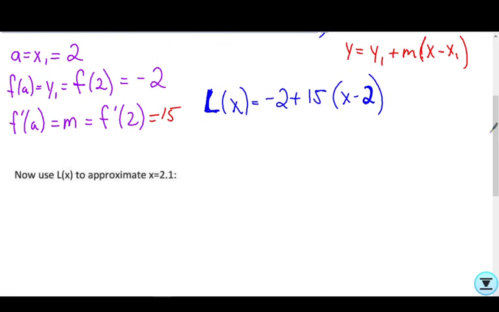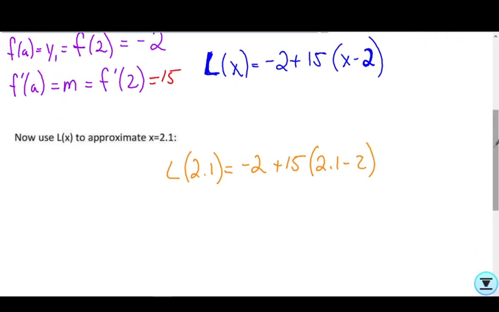So we're going to now use L of x to approximate f at 2.1. We find L at 2.1 using our linearization equation. So it's negative 2 plus 15 times 2.1 minus 2. Which means this is negative 2 plus 15 times 0.1, which is negative 2 plus 1.5, which is negative 0.5.